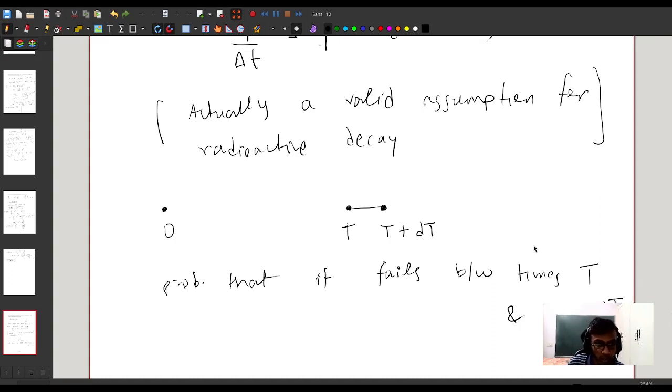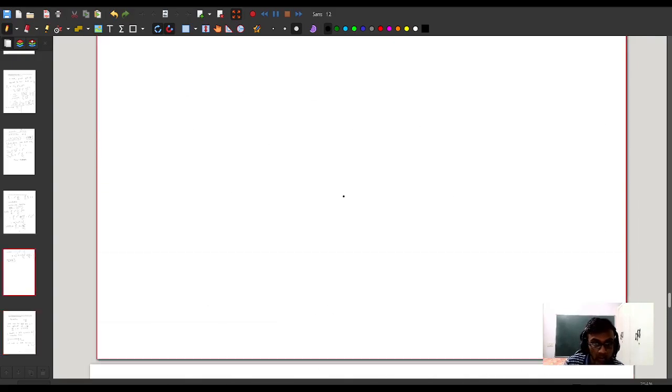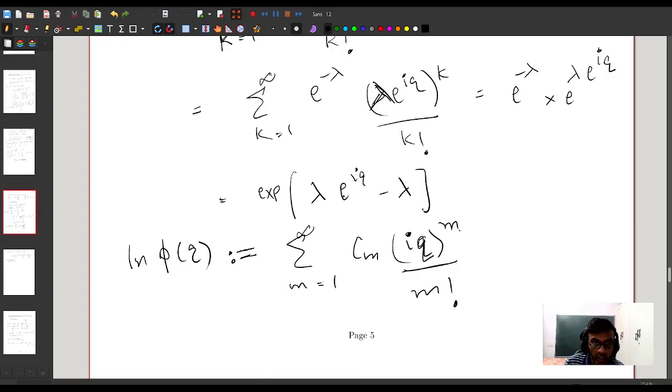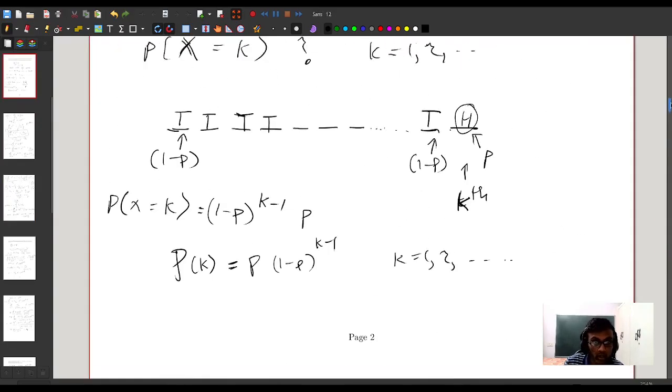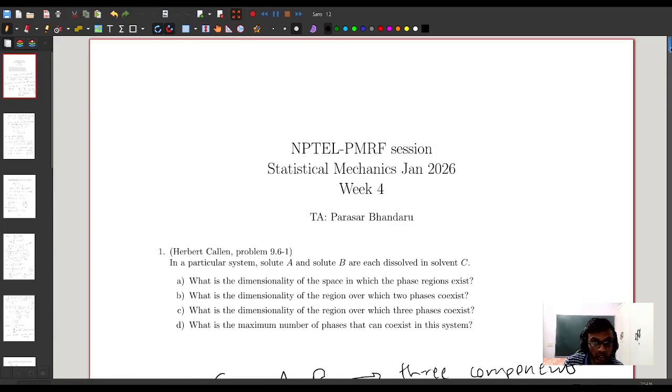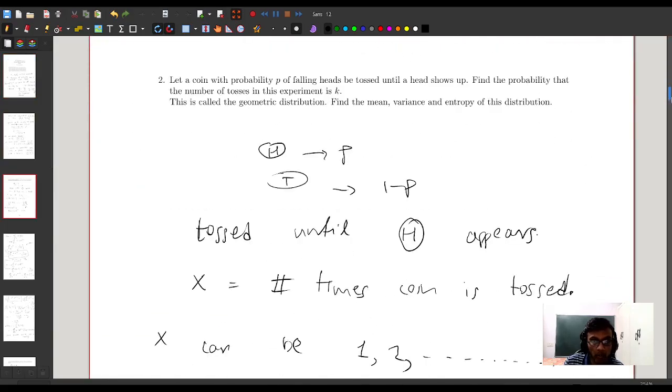We can think of this time interval as being made up of many smaller intervals. In each of these small intervals, the bulb can either fail or not fail. It is very similar to the geometric probability distribution case that we considered in the very first question.